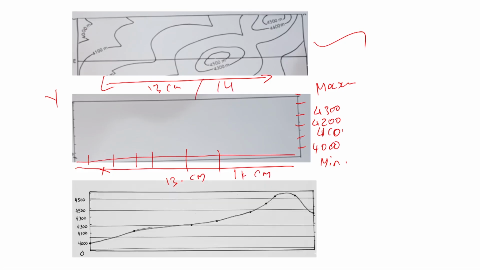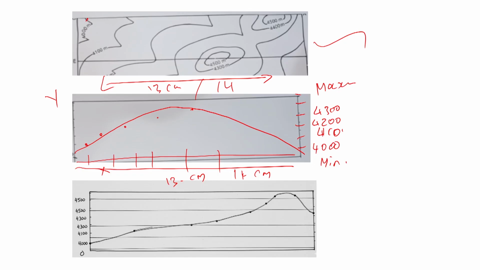Then you have to mark the elevation, for example, this is 4000 elevation, then 4100, 4200, 4300, 4500, like that. After you connect it, you can tell people, and they can understand realistically what topography is covered.